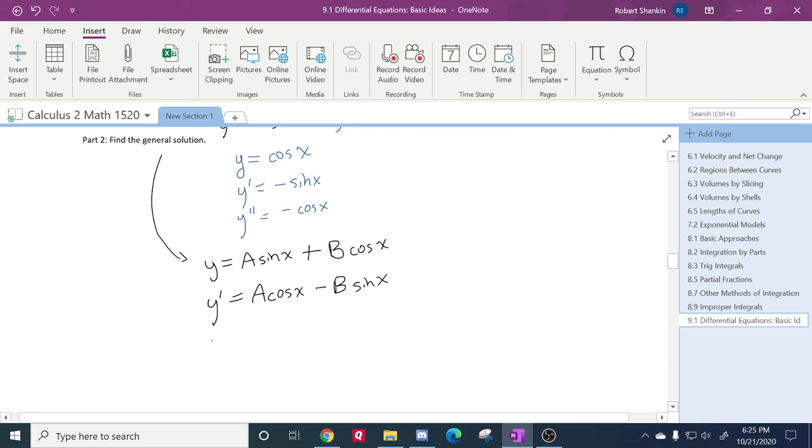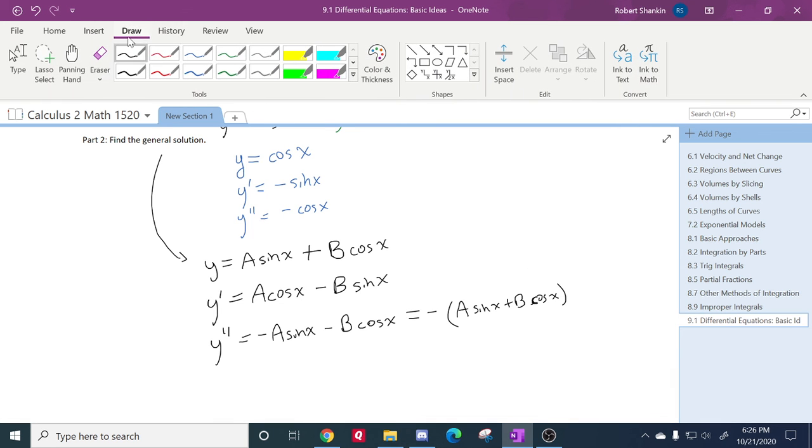And the second derivative: derivative of this cosine is negative sine, derivative of sine is cosine. And if you factor out a negative, that is equal to negative y. And it checks.